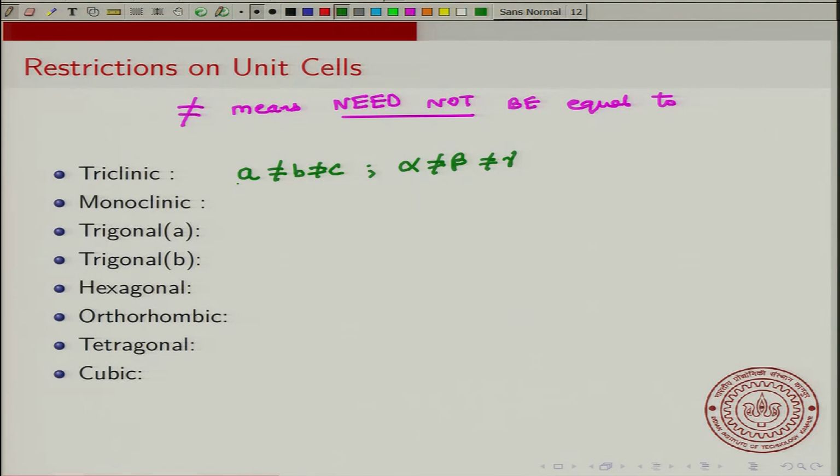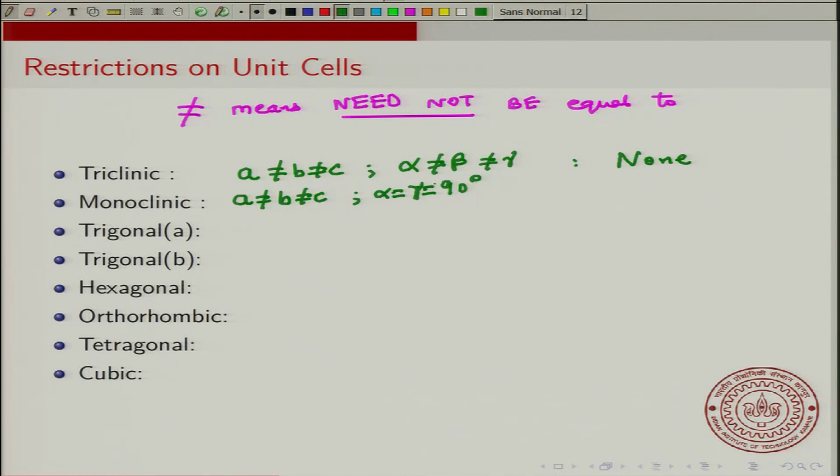What is important is the symmetry of the system. For triclinic, the essential symmetry is basically none, no essential symmetry. For a monoclinic, again A need not be equal to B, need not be equal to C. However, you should have alpha equal to gamma equal to 90 degrees.